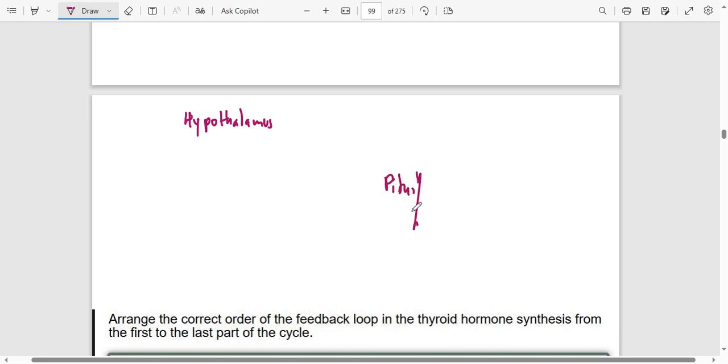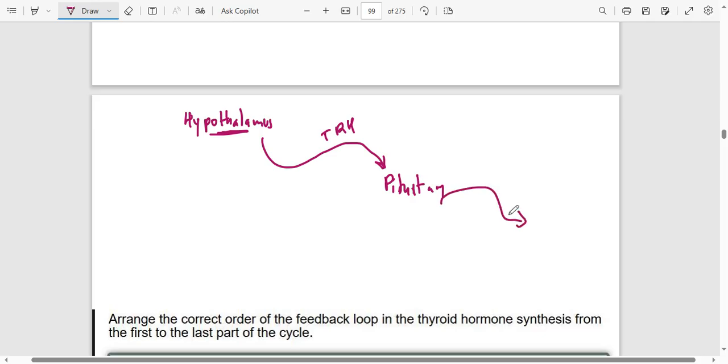Thank you so much, Doc, for the nice description. So, as already said, the hypothalamus releases releasing hormones. So, this guy will release the thyroid releasing hormone. Pituitary gland releases stimulating hormones.